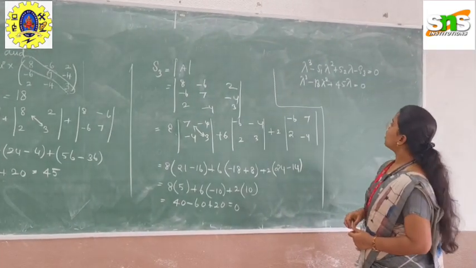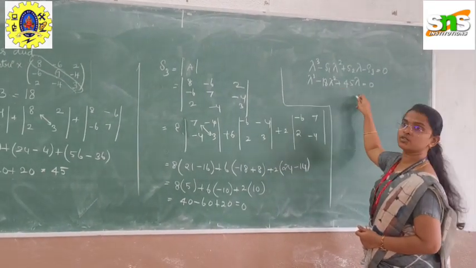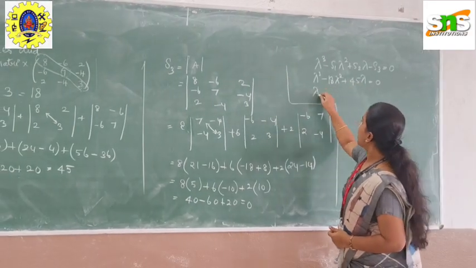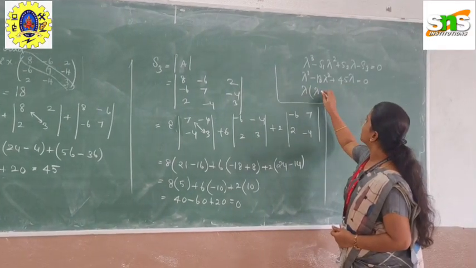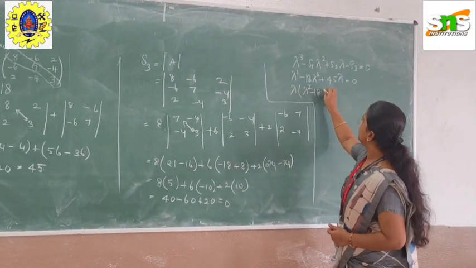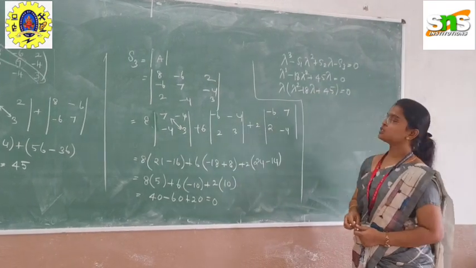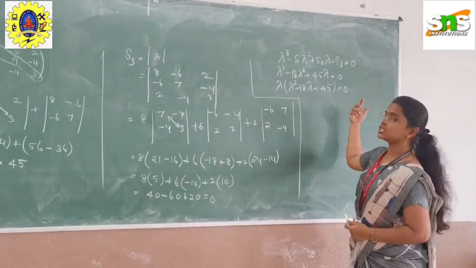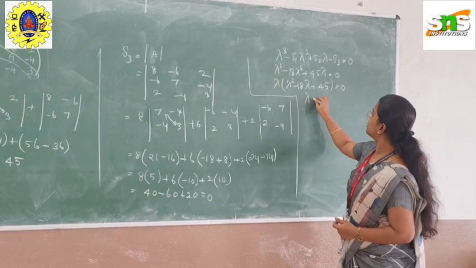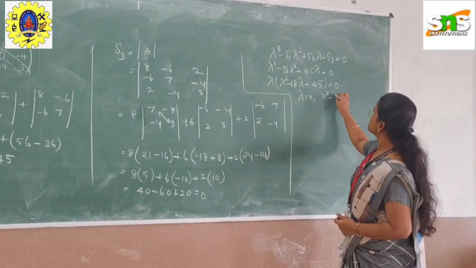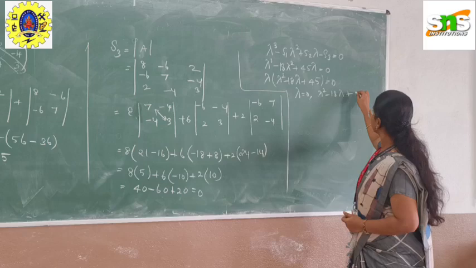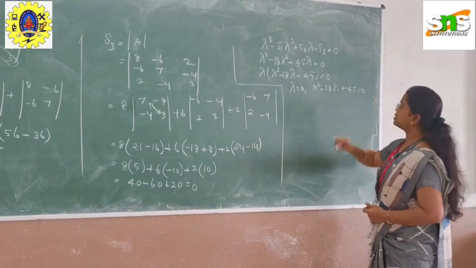Now I am taking the common term lambda outside. So I will get lambda into lambda square minus 18 lambda plus 45 is equal to 0. I am going to equate these two terms with 0, so I will get lambda equal to 0, and lambda square minus 18 lambda plus 45 is equal to 0.